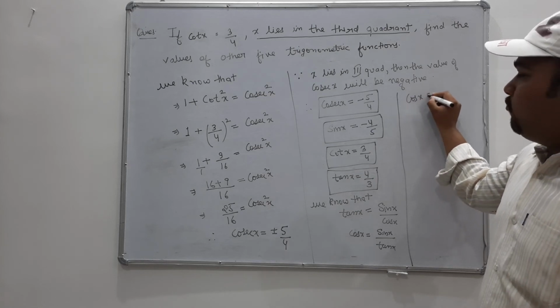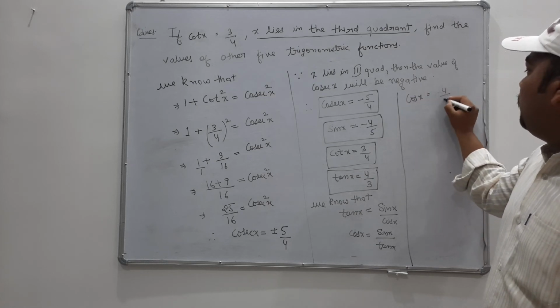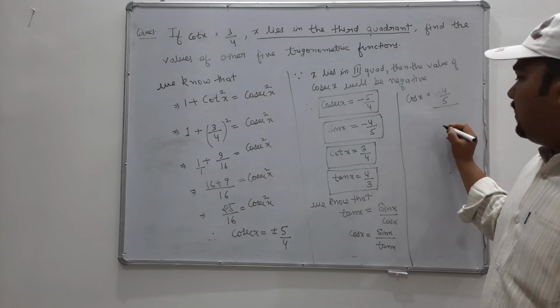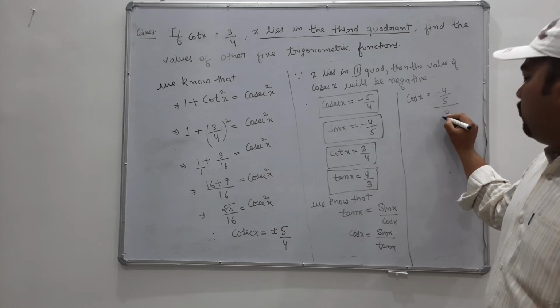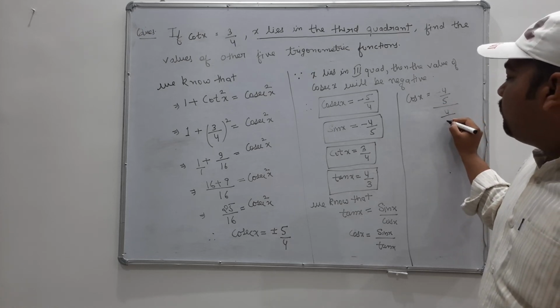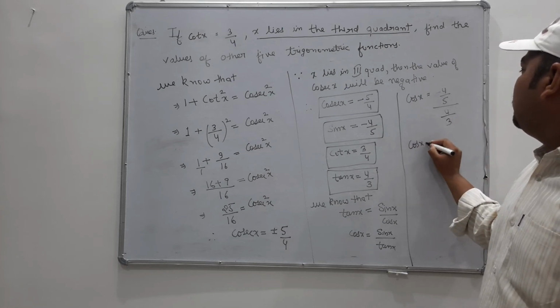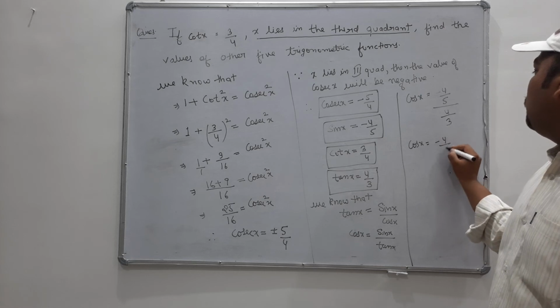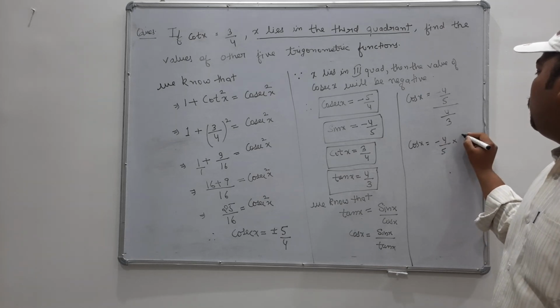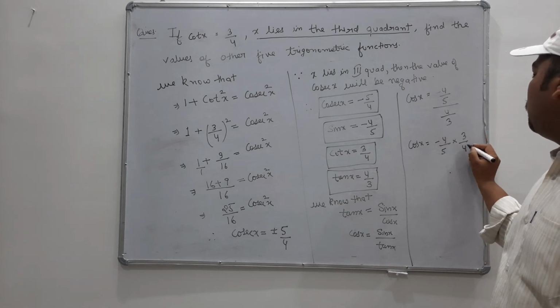Cos x is equal to minus 4 upon 5 divided by tan x, 4 by 3. So, cos x is equal to minus 4 upon 5 into 3 by 4.